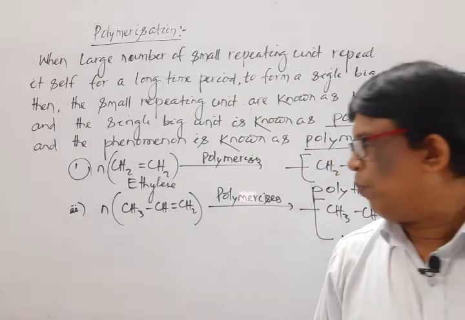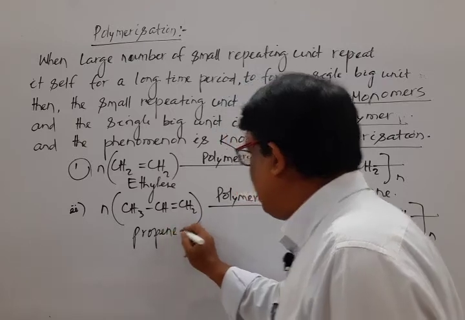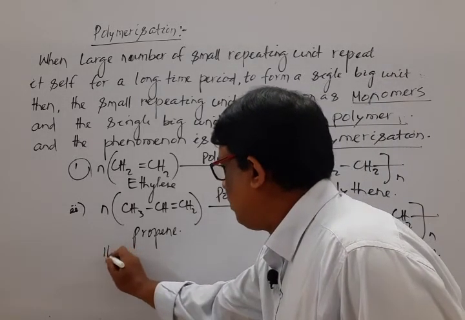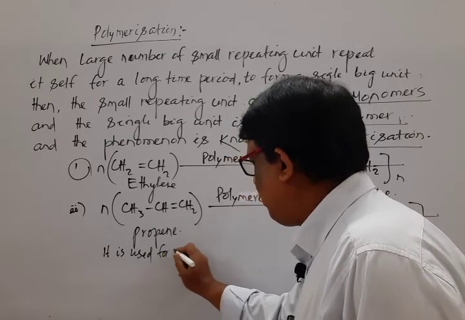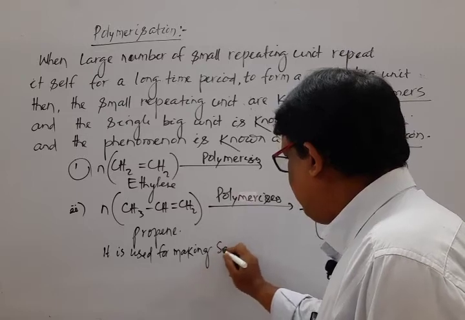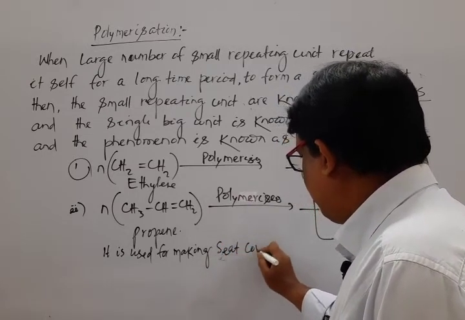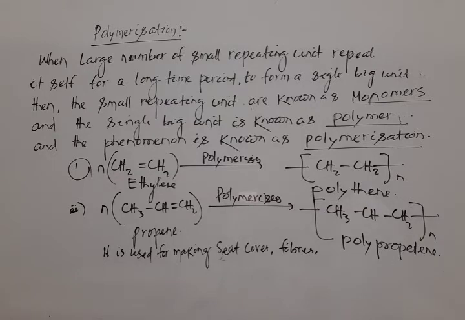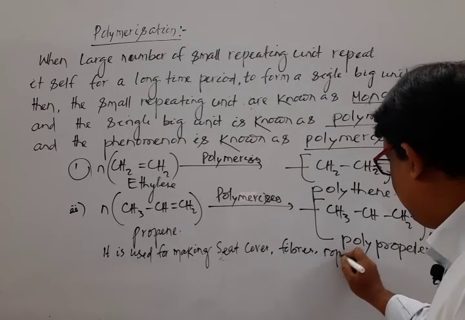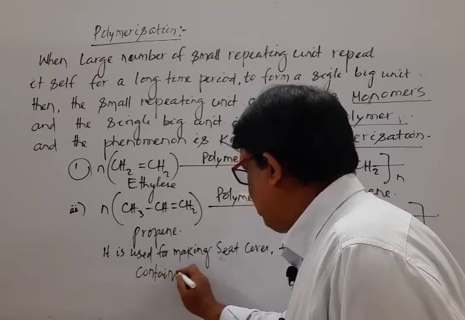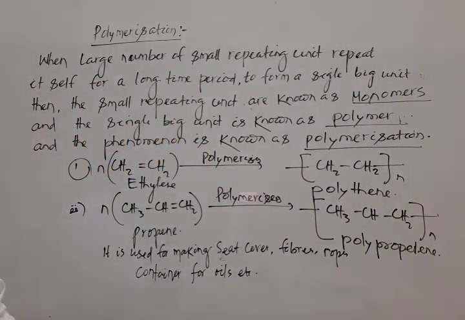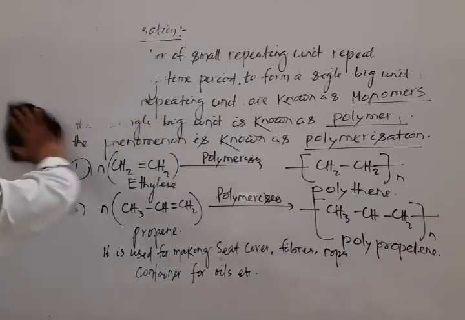Here monomer name is propene, and polymer name is polypropylene, which in our day-to-day life is used for making seat cover, fibers, rope, container for oil, etc.